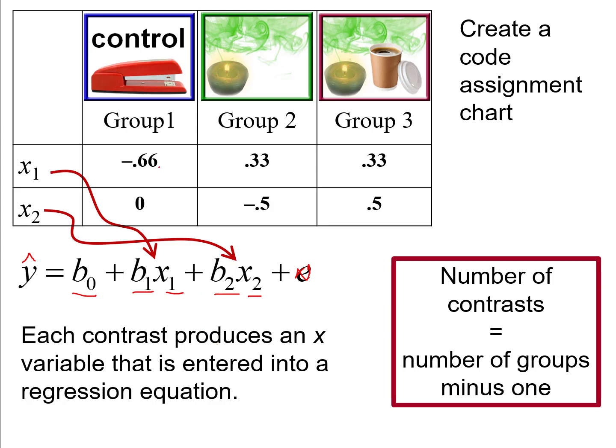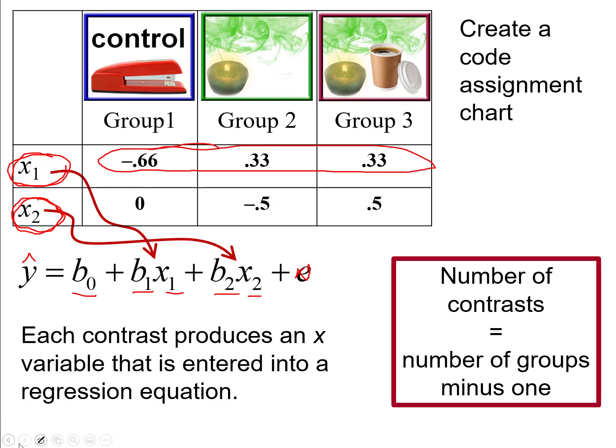And the key thing to note is that what I've done is I've created two x variables, two contrasts, where I've assigned numerical values to people for x1, the first contrast, and I've assigned numerical values to people on x2, the second contrast, and I've assigned these numerical values based on this code assignment chart. Group membership determines what your values are for x1 and x2.